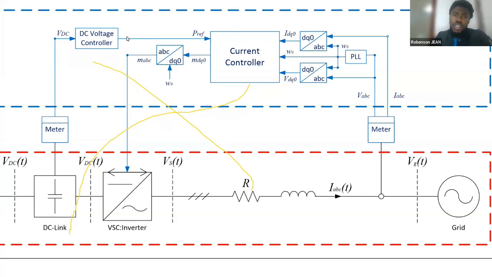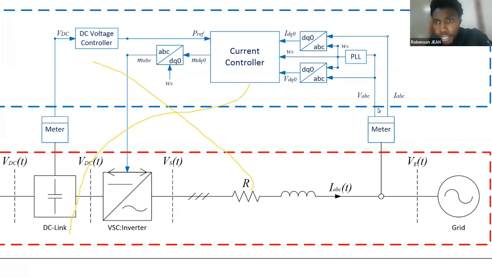Inside the current controller, we divide the power by the voltage of the grid. Once we divide it by the voltage of the grid, we have the reference current, because you know that power is equal to voltage times current. So we have a reference current.